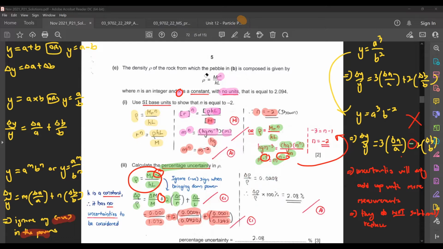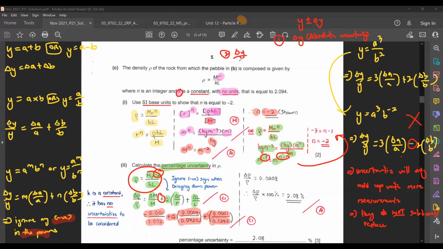While we're in that part, let me rehash something else. If you have something y plus minus delta y, that is known as your absolute uncertainty. This is number one.